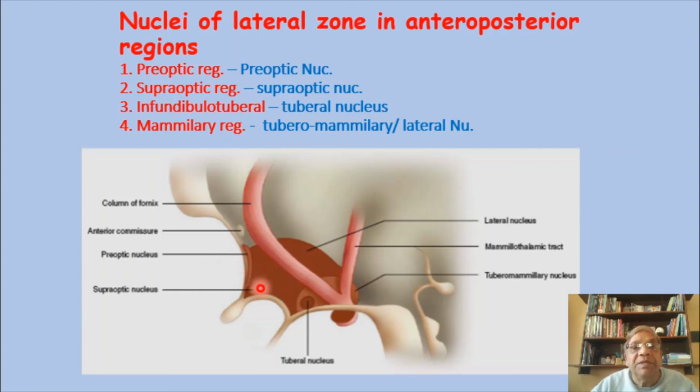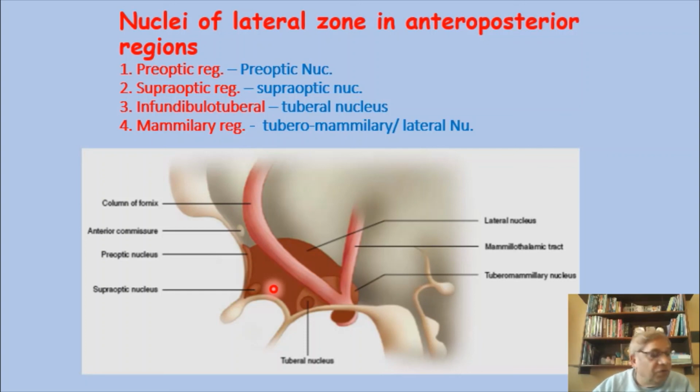But here in area number 2 comes the supraoptic area. This nucleus sitting here is the supraoptic nucleus. There it was suprachiasmatic; here it is the supraoptic in the lateral zone, and the supraoptic nucleus secretes ADH, antidiuretic hormone.